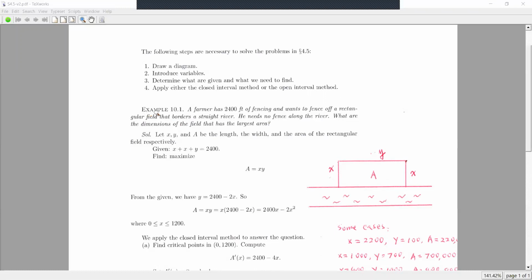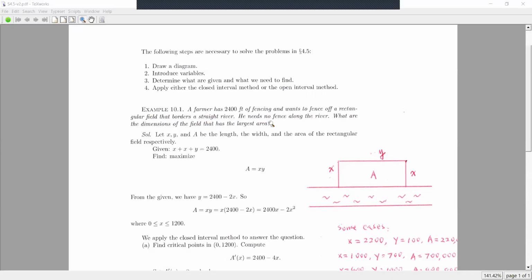Okay, now example 1. A farmer has 2,400 feet of fencing, and he wants to fence off a rectangular field that borders a straight river. Yeah, this is a diagram.